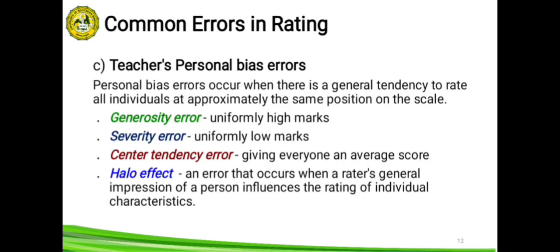talaga. Central tendency error: giving everyone an average score. This occurs when a teacher avoids giving either very high or very low marks. Everyone receives average scores. The teacher fears being too generous or too harsh, so she ends up rating everyone in the middle. This hides the real difference between excellent and poor performers.